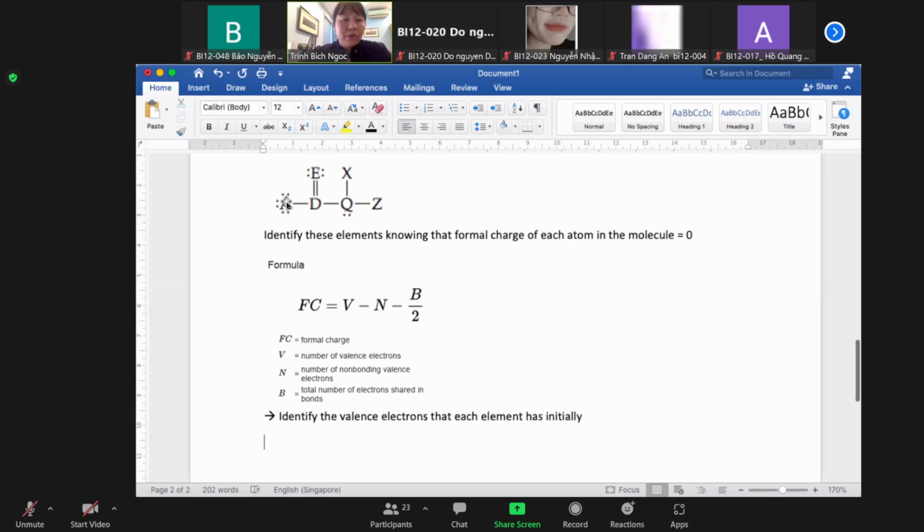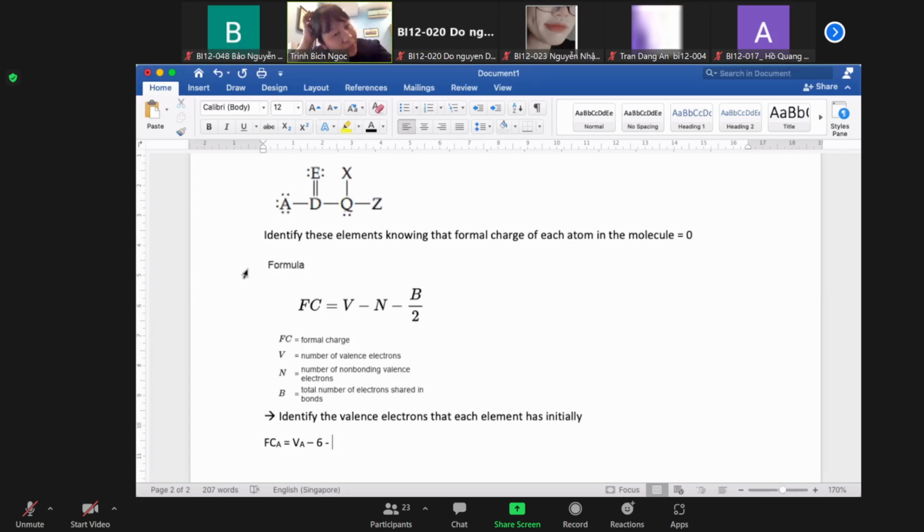So we will do it step by step. First, we will try to identify the element A. So the formal charge of this element A equals V_A minus, we don't know yet, minus the non-bonding electrons, which will be 6, and then minus the bonding electrons divided by 2.